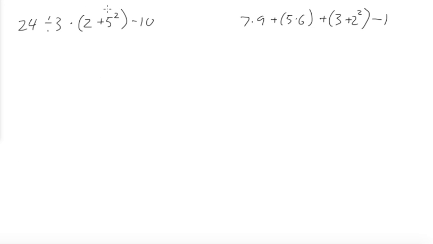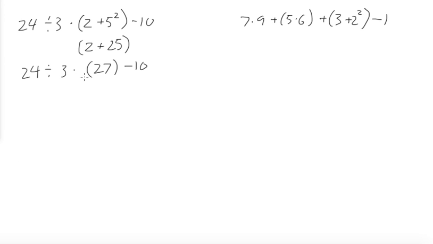So in this case, we need to do what's in these parentheses first. But before we can add these two numbers, we need to do the exponent. So that is 25. Then plus the 2. And that's going to be 27. And minus the 10. Now, some people might want to do the multiplication first.